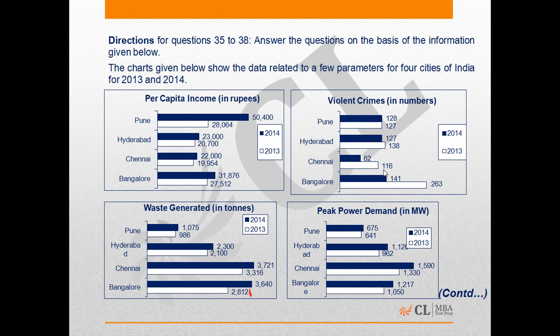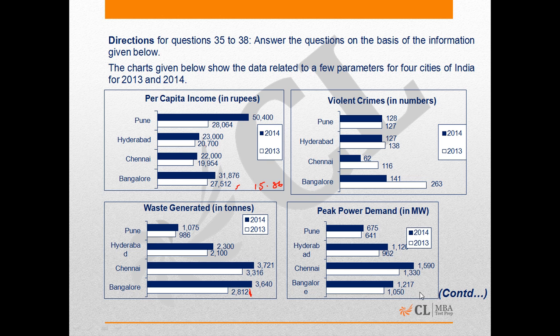So have a look at the chart. In Bangalore, per capita income increased from 27,512 to 31,876, and in percentage term it translates into 15.86%, and then percentage increase in peak power demand in 2013 in Bangalore was 1050 megawatt and 2014 it was 1217 megawatt.